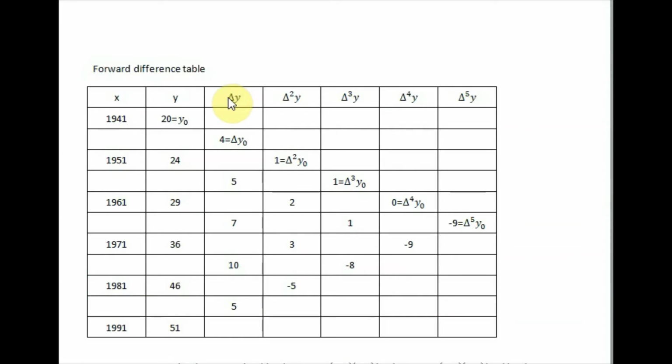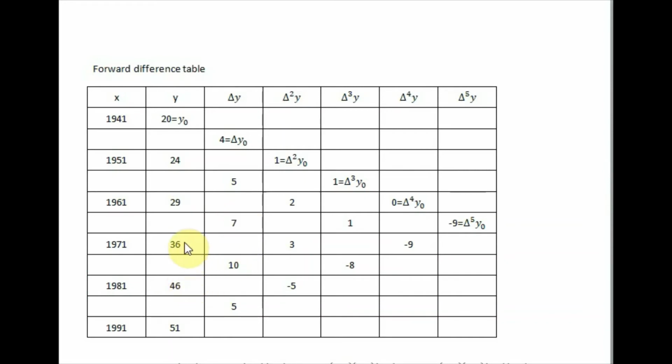The next column is first order differences, that is delta y. For getting delta y, we subtract 24 minus 20, which is equal to 4, and the first value is denoted as delta y0. The next one, 29 minus 24, is equal to 5. This is delta y1. Then 36 minus 29 is 7, which is delta y2.